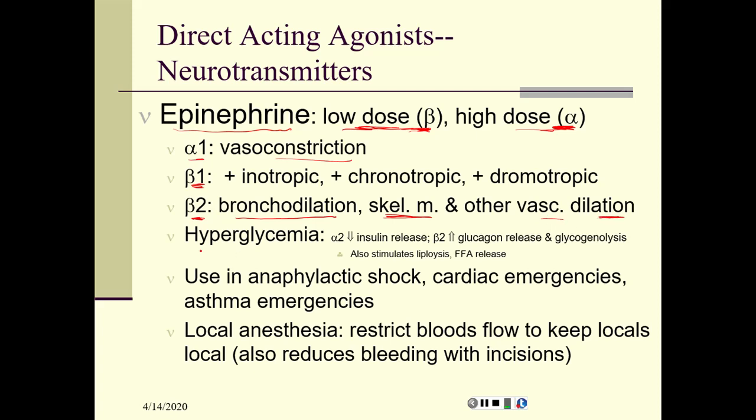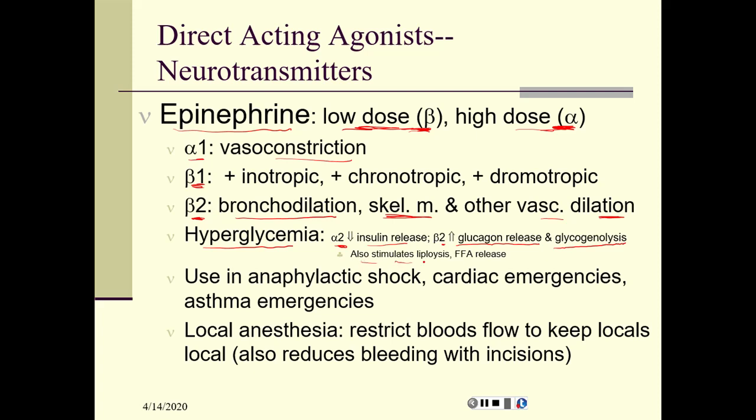This drug will also cause hyperglycemia because of, sorry for doing this to you, these little details, an alpha 2 effect, which decreases insulin release, and a beta 2 effect, which increases glucagon release, and that stimulates gluconeogenesis and glycogenolysis to drive blood glucose up.